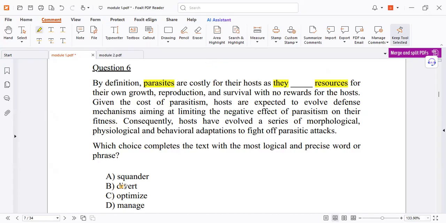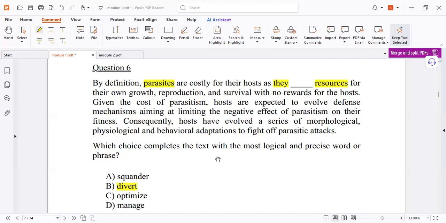It's called in English divert because it's not C or D, of course. Sir, but isn't divert to divide, from the syllable div? Yes, well, divert here, the resources, means they use the resources wholly and entirely and they leave the host without food.